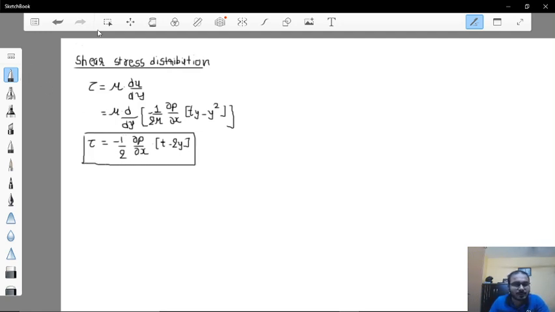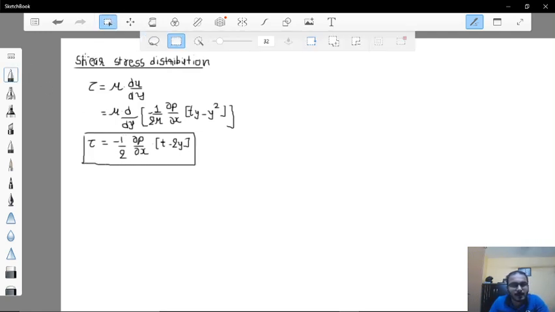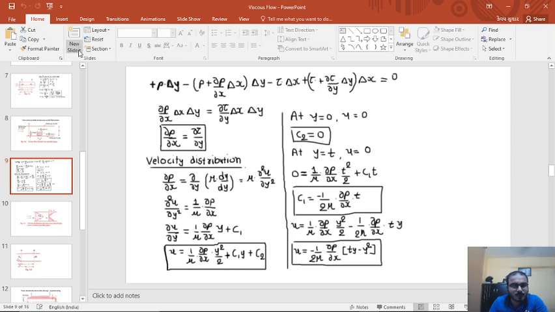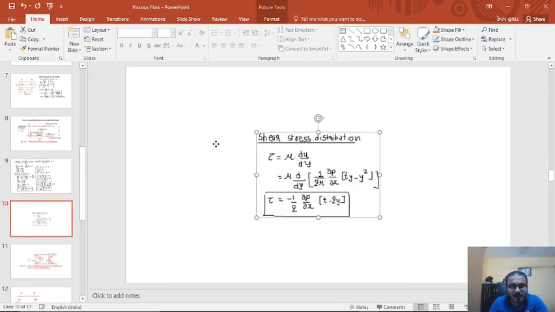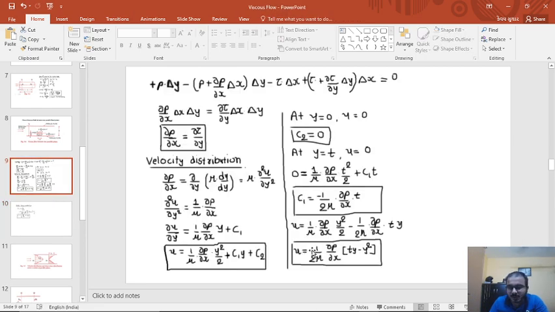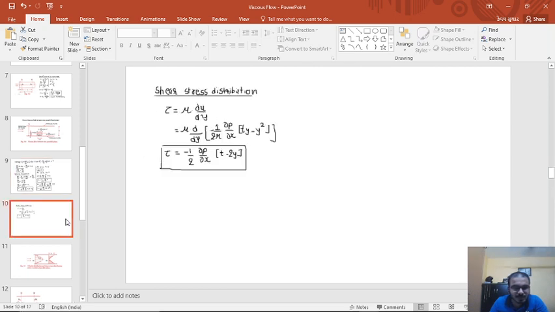Now we can copy this over here, and if you note down this formula, you can pause this video and note down this formula, that is of velocity distribution and shear stress distribution.